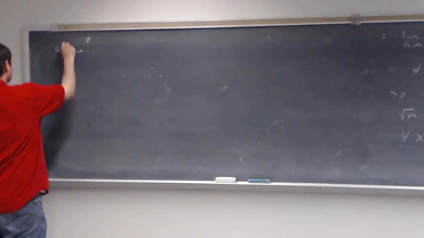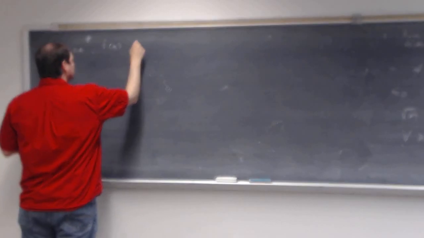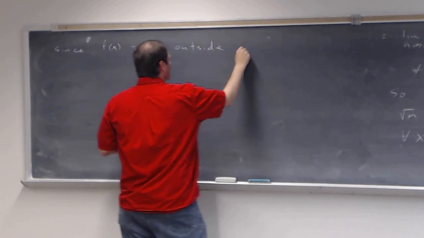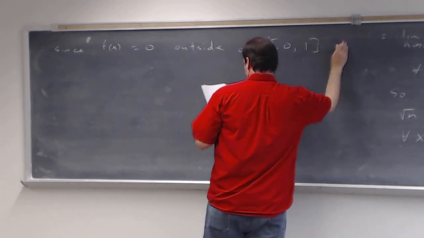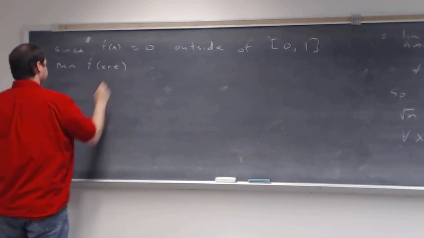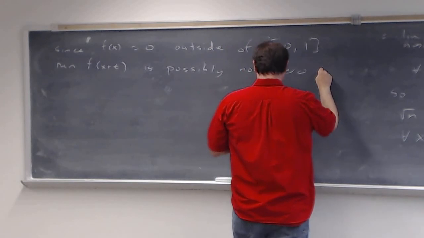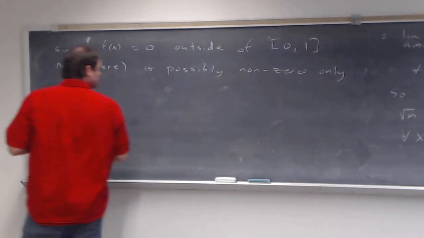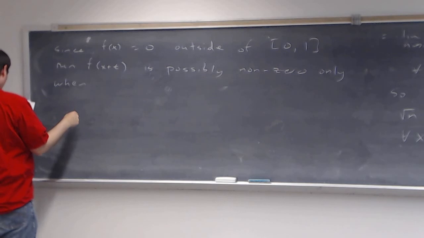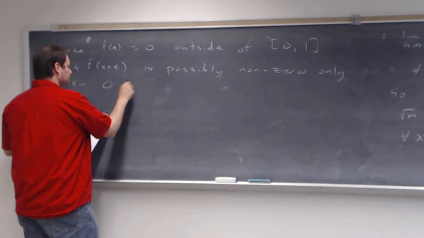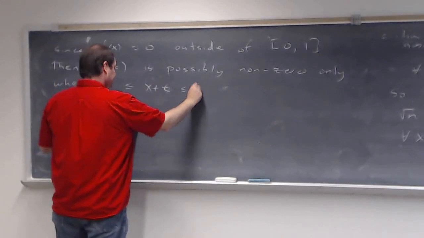Since f of x is 0 outside of 0 to 1, then f of x plus t is possibly non-zero only when 0 is less than or equal to x plus t is less than or equal to 1.